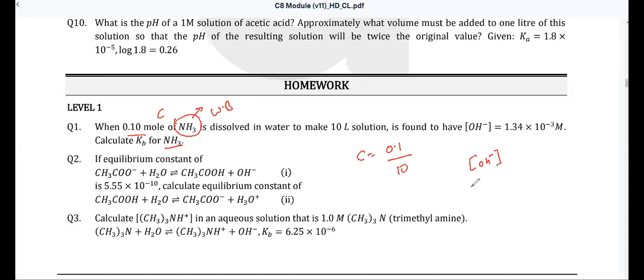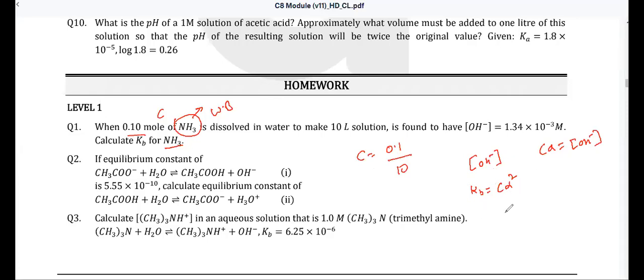So we know that Kb is equal to C alpha square, and we know that C alpha is equal to the concentration of OH minus. I'm just using the formula, okay everyone?